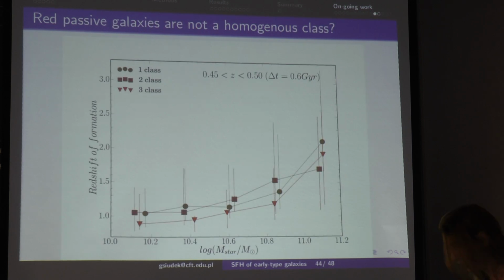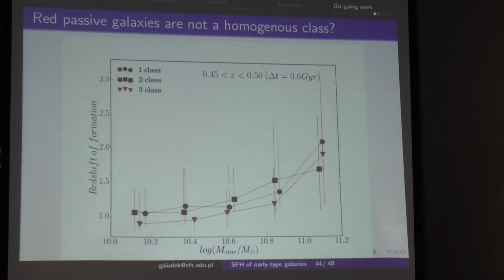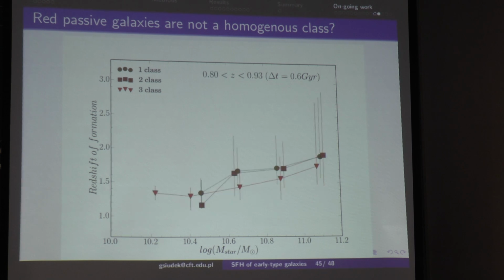I tried to investigate the redshift of formation for these red passive galaxies, three different classes. We can see that at lower redshift, the redshift of formation changes a little bit from class to class, while around redshift 0.8, for these two groups, we don't see any separation.